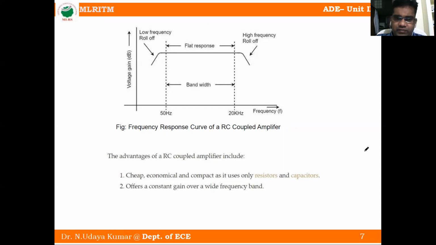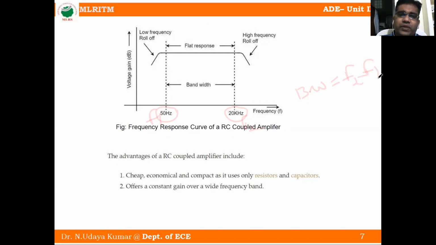You can observe, this is 50 Hz. We call it F1. This is 20 kilohertz. We call it F2. What is the bandwidth of this curve? Bandwidth is equal to F2, the highest frequency, minus F1, the lowest frequency.